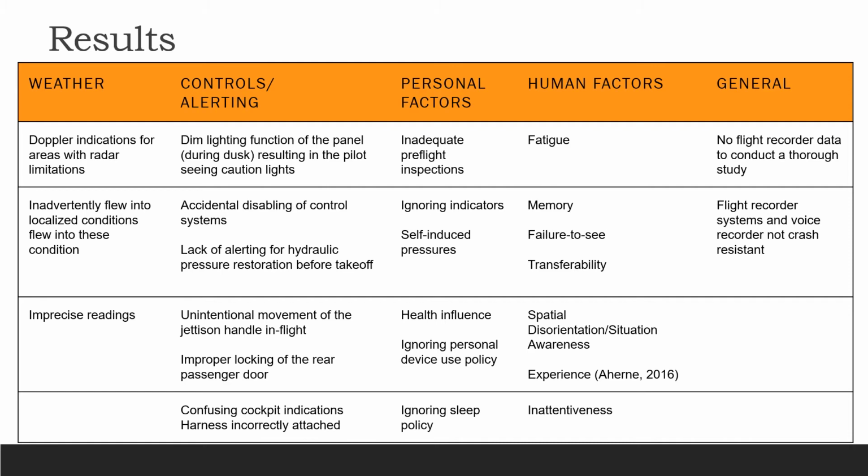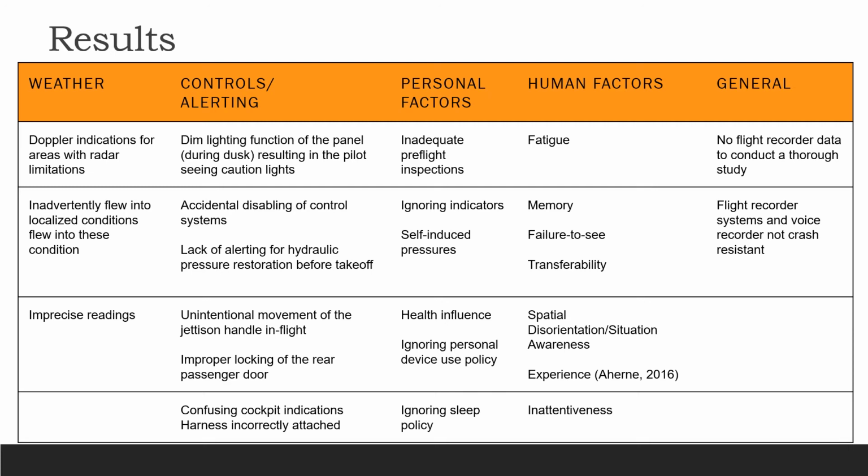And then general more so relates to the fact that the NTSB sometimes isn't able to complete or have a thorough investigation because there's a lack of recorder data or the recorder data does get destroyed. And then with weather, there were lots of instances between what's going on in reality and the gaps within the reporting system.